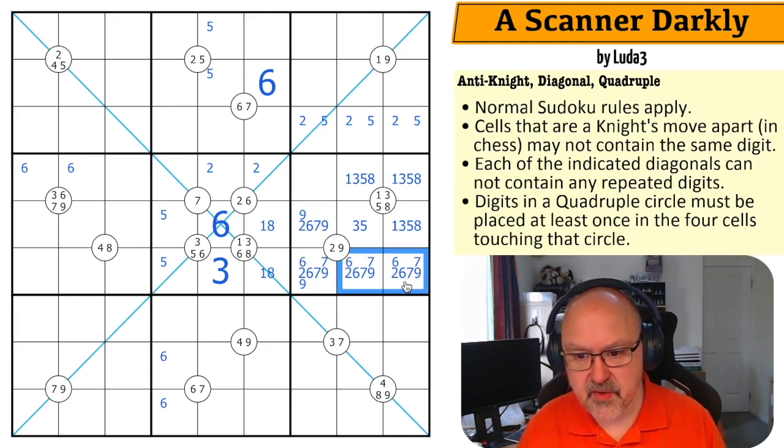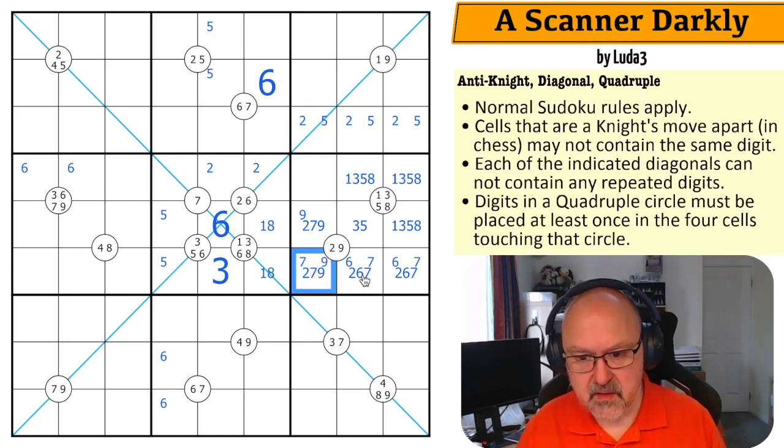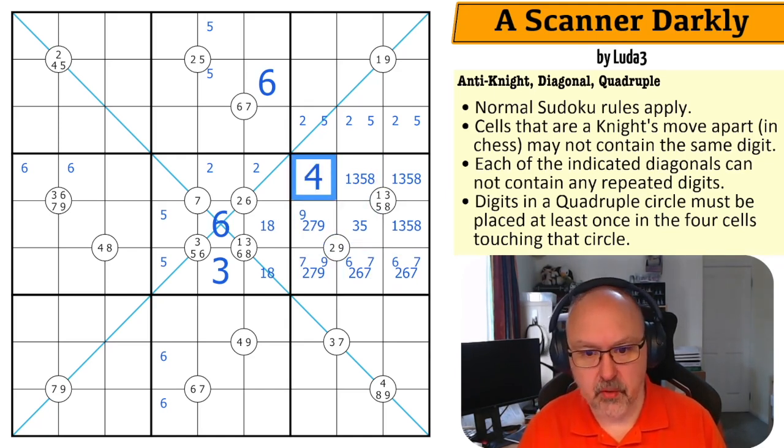Now, I can't put 9 in either of those two cells. I can't put 6 there or there. So 6 is in one of those two. But this means 1, 2, 3. This is a 4. Sorry, it's hay fever. I hate the hay fever season. This is a 4.